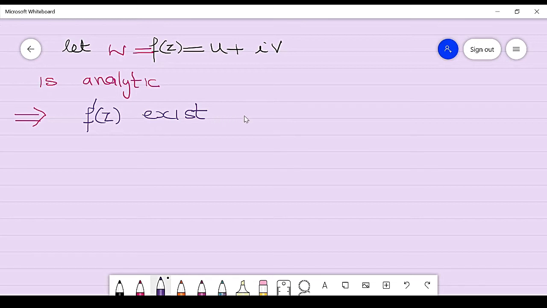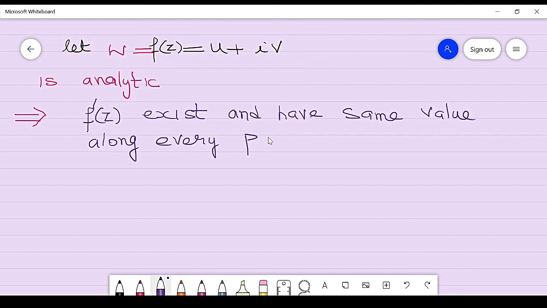The derivative will exist, and whatever path we take, its value along that path will be the same. So first I prove this result in a very simple way.